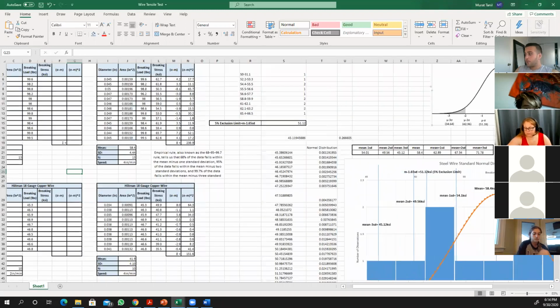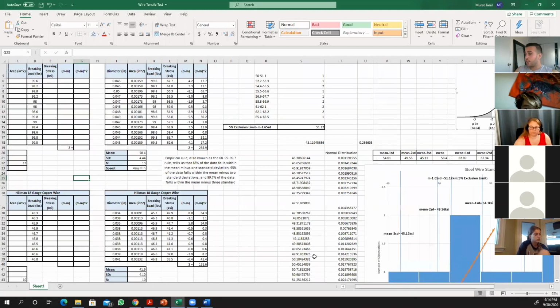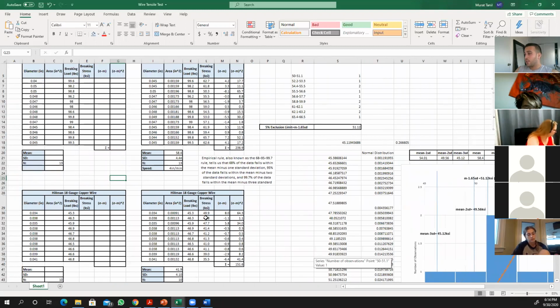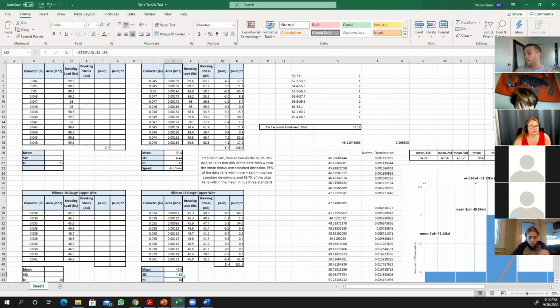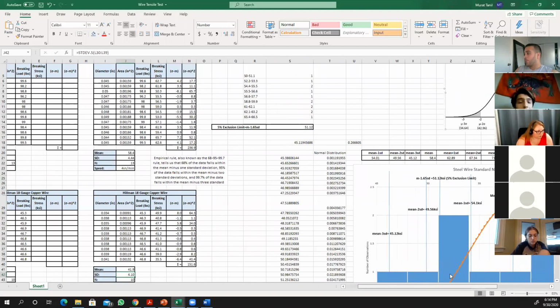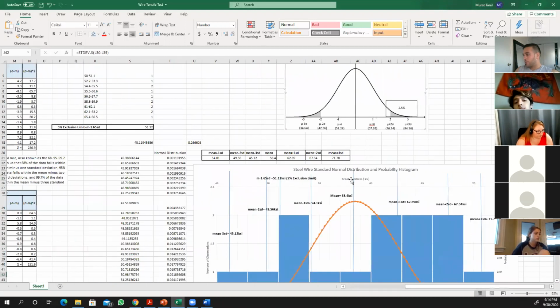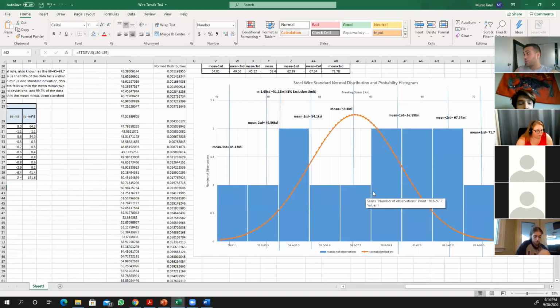It is super simple when it comes to measuring the data and calculating the breaking stress. Same equation, P over A, that's going to give you the stress. But when you come to the section where you work with the mean, standard deviation, and developing your standard normal distribution and probability histogram, that's where you usually get confused.